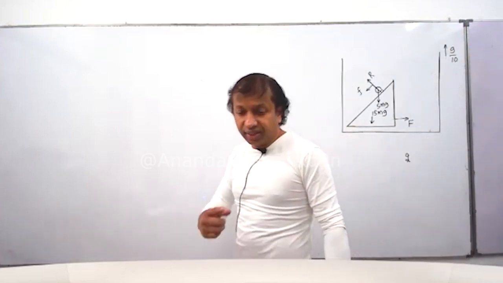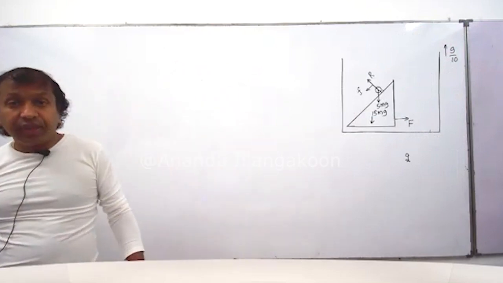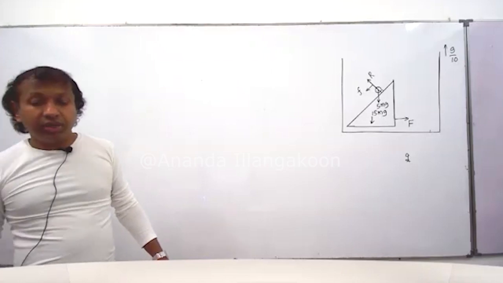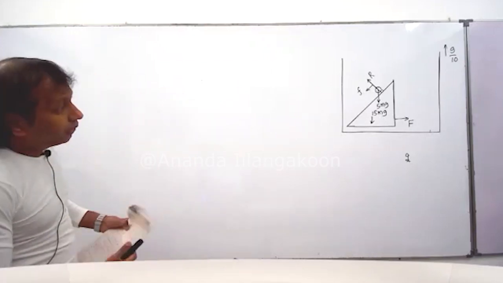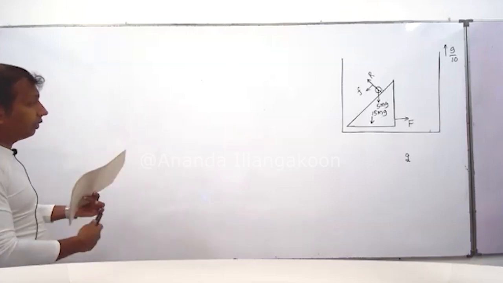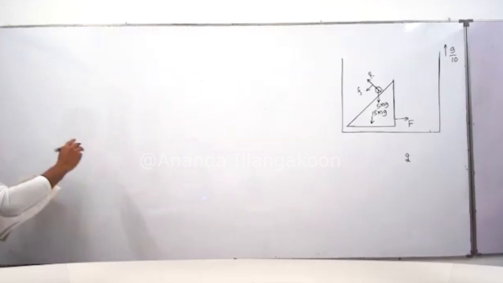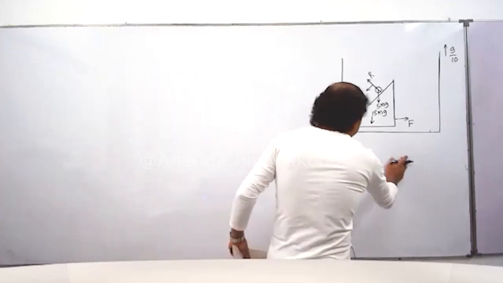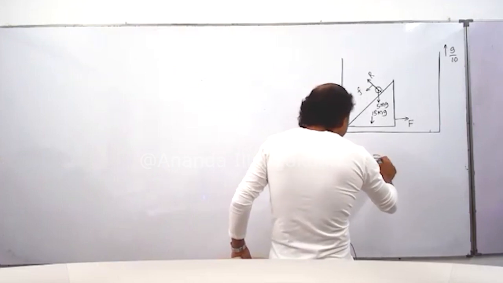Understand? That is finally, people, the acceleration of the particle relative to Earth. Okay, so we can write the acceleration of the particle 5m relative to Earth.